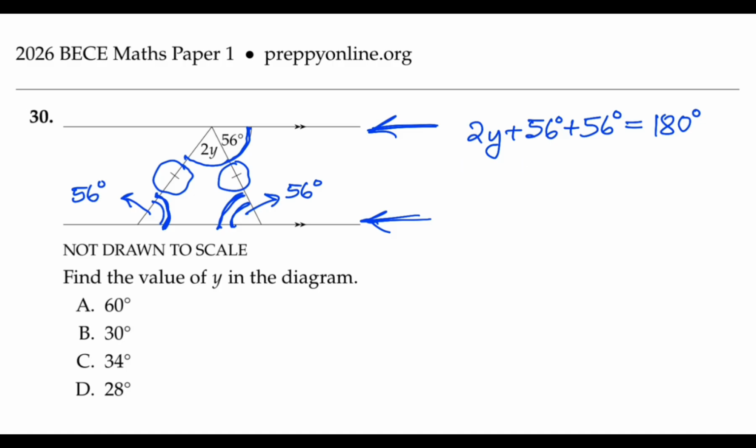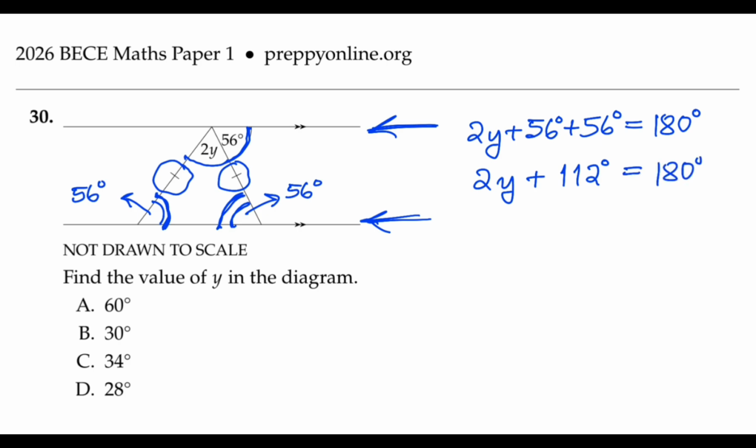So we add them up, see what we get. 56 plus 56 is 112. So we have 2y plus 112 degrees equals 180 degrees.